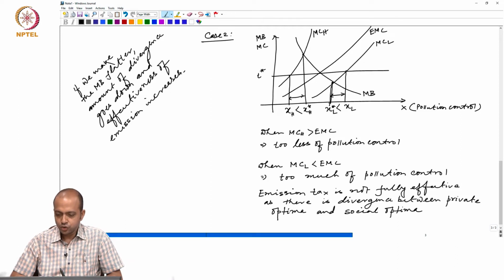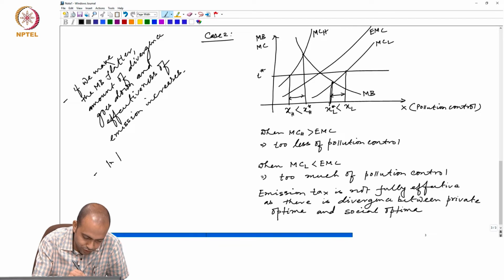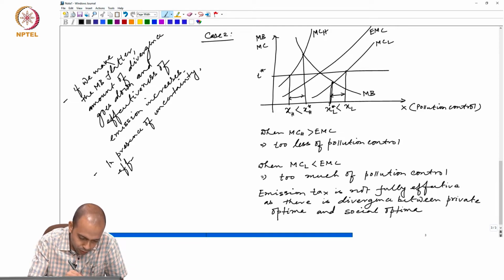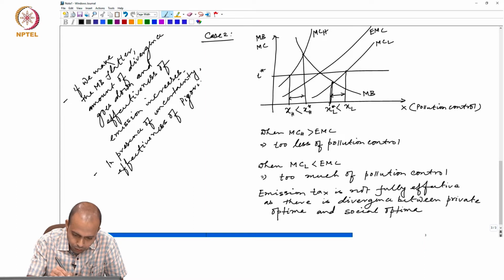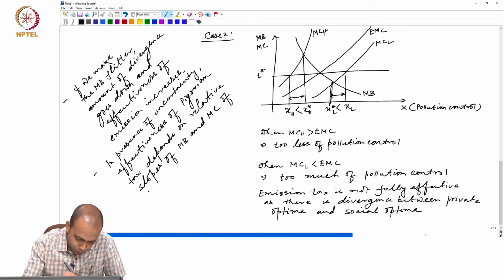So from here one thing is clear: in the presence of uncertainty, the effectiveness of a Pigouvian tax depends on the relative slopes of MB and MC of pollution control.